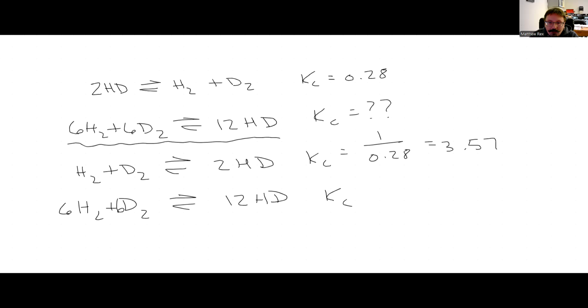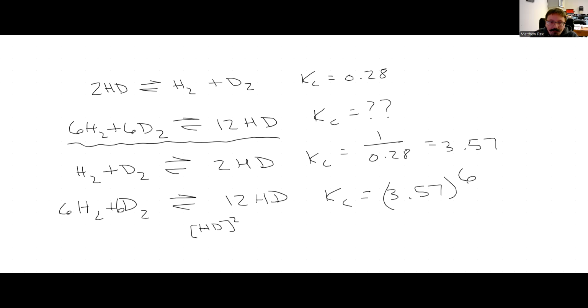Now, whatever factor I multiplied this through by, I raise K to that power. So I need to take 3.57 raised to the 6th power. If you think about this, before, the concentration of HD in the original reaction would have been HD squared.